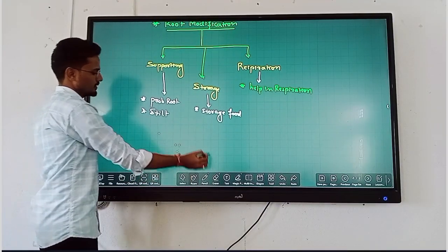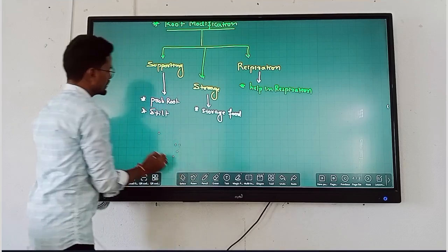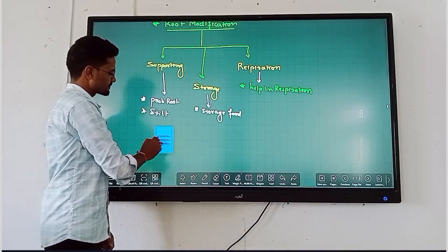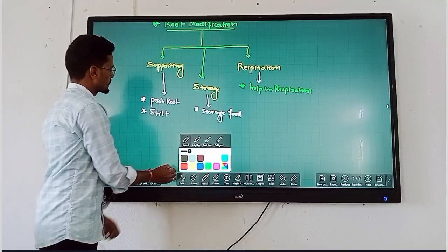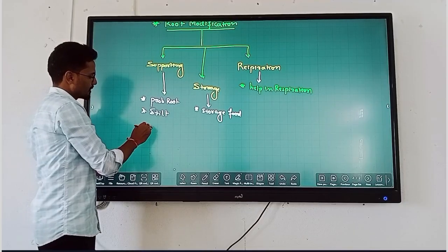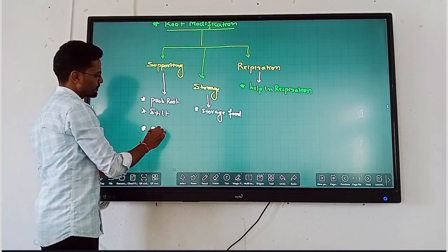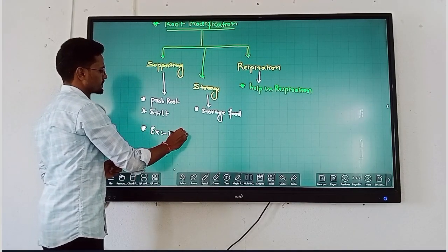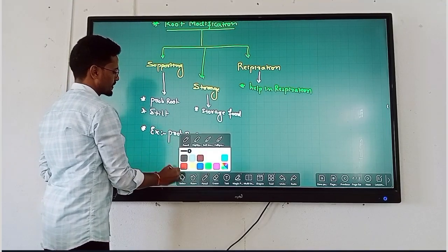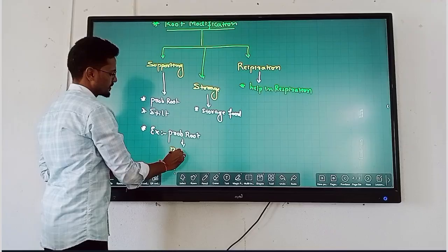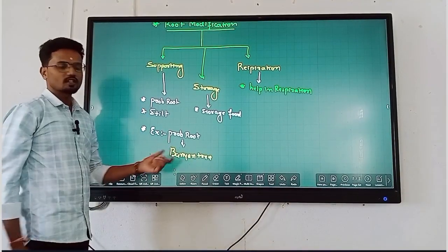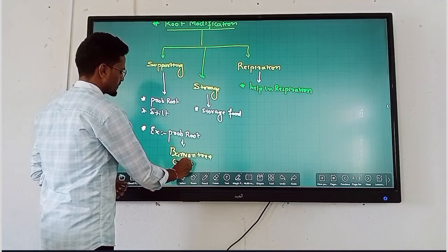When we see the actual examples for prop root and stilt root, the best example for prop root is the banyan tree, which actually gives support to the plant.